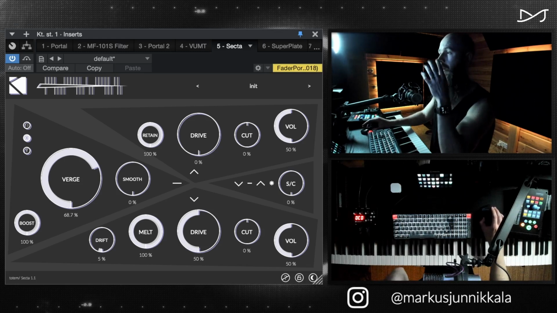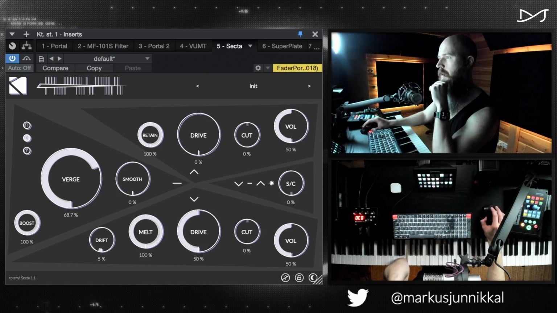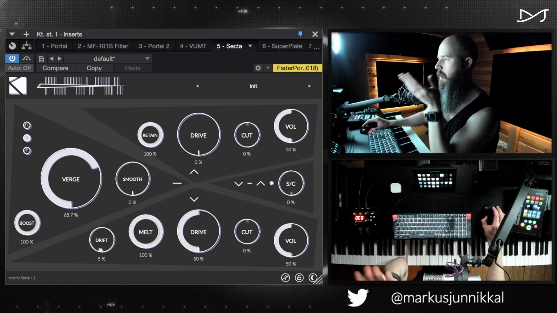So it has like a panning element, a left right thing to it. I don't know if they, yeah, I mean they talk about left and right here.